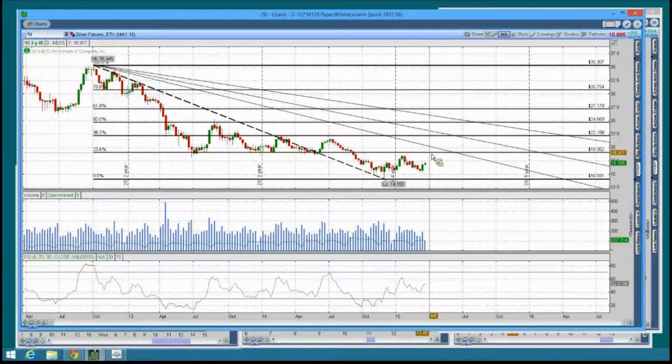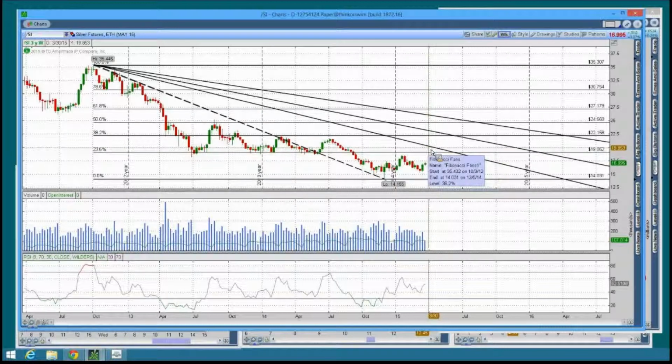And what we see here is that the market on the weekly chart is approaching the 23.6% Fibonacci retracement that puts the silver market at about 19.05. The first level of resistance trend line is in the 19.97 area, 20.